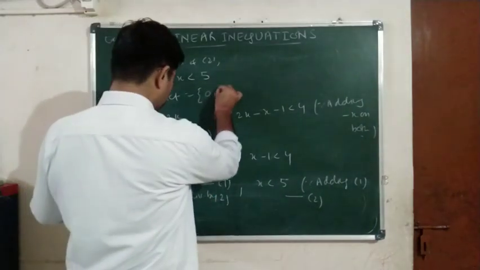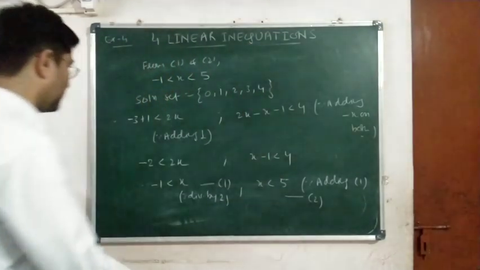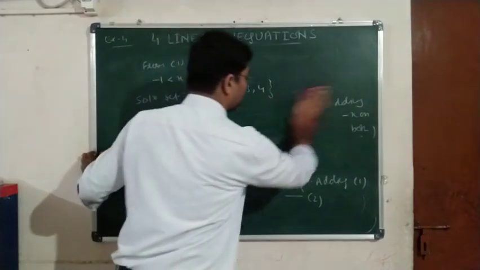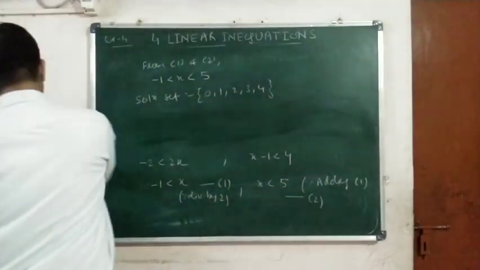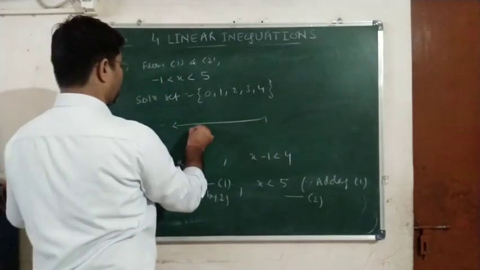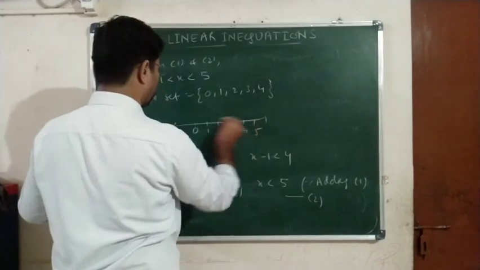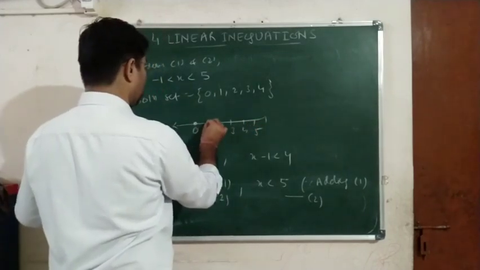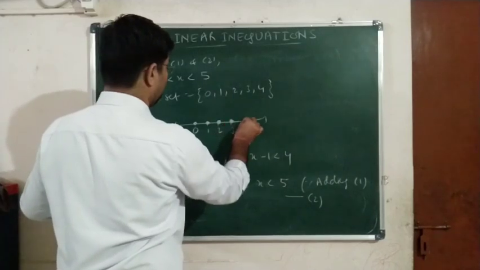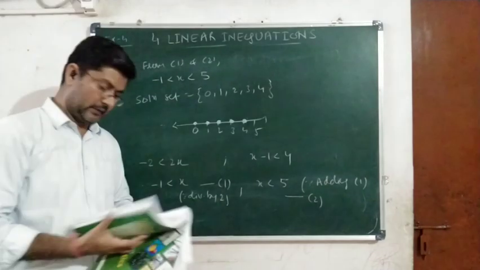So which are the integers? 0, 1, 2, 3 and 4. So this is the solution set, and now we can represent this on the number line. Therefore, we have 0, 1, 2, 3, 4, 5. So 0, 1, 2, 3 and 4. This is the representation on the number line. Clear?